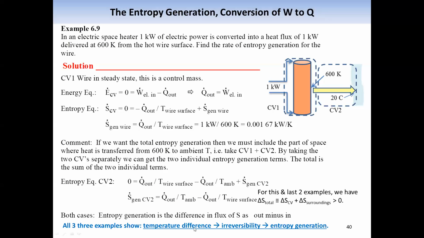This finite temperature difference causes irreversibility. The irreversibility causes entropy generation. Entropy generation causes lost work.